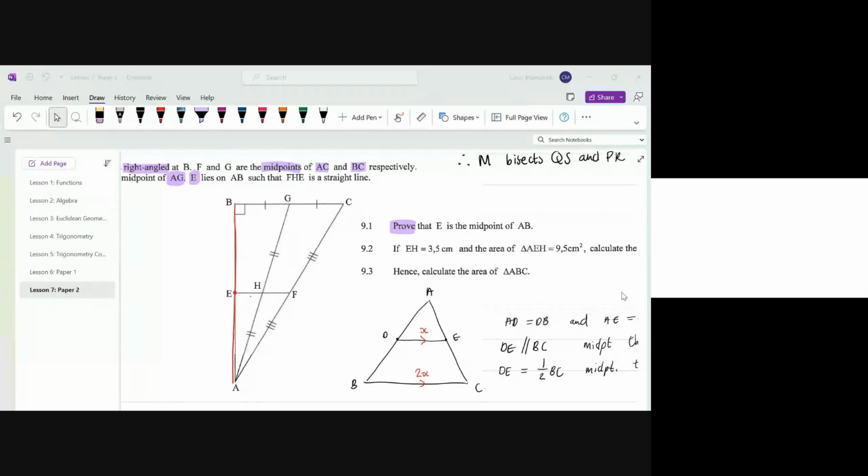I hear somebody's unmuted. Would they like to talk? Sorry, guys, I just need to take numbers. Just give me a second. Let me see. Okay, 14. Okay, good. Let's see which triangle we can actually work in.